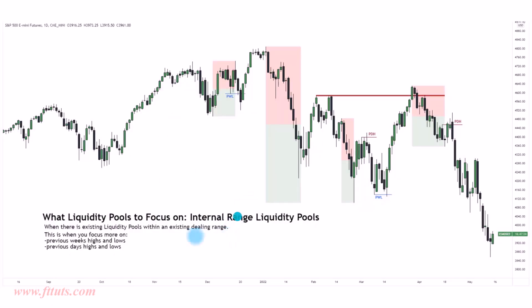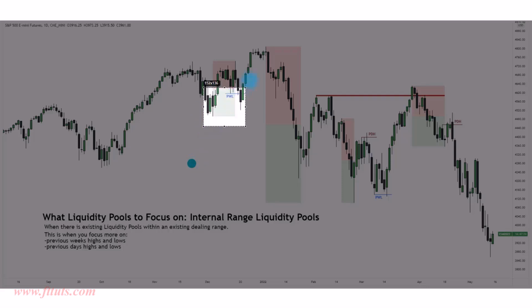So what I mean by this is we have a trading range here. We can use liquidity pools inside of the trading range. If this is low and high, and we have a swing low inside of that trading range, that would act as a liquidity pool. So price would seek that to trade higher.